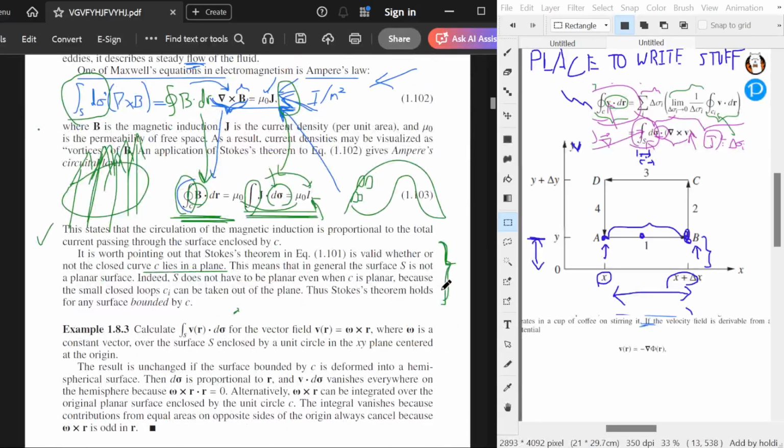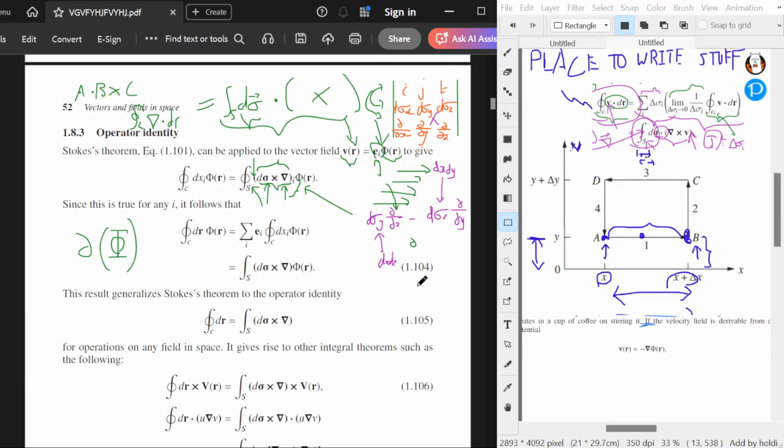I don't know how I feel about this. I'm going to reluctantly say that it makes sense. You can have a del by itself, but I don't like saying that. So let's see if we're going to avoid doing that.